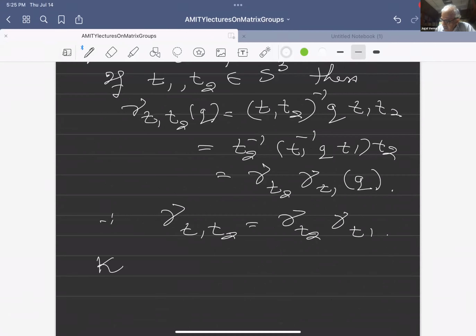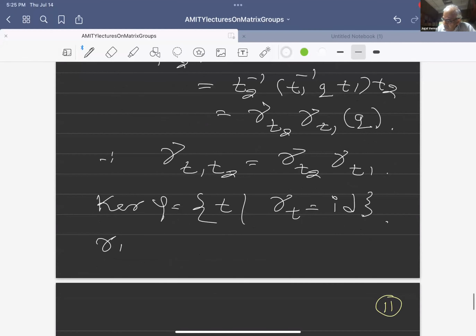The kernel of phi is the set of all t so that gamma t is identity. But gamma t equal to identity if and only if t inverse Q t equal to Q for all Q in V.